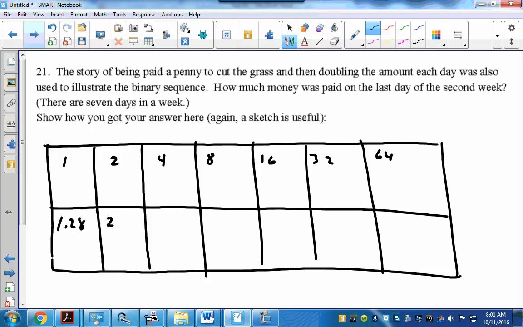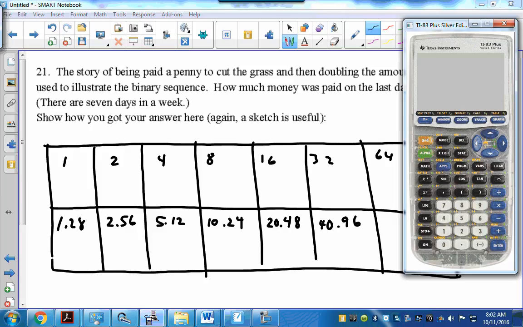$2.56, $5.12, $10.24, $20.48, $40.96. And again, you could double these on your calculator if you want.